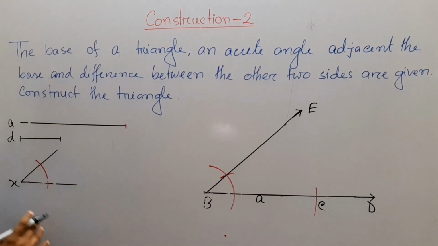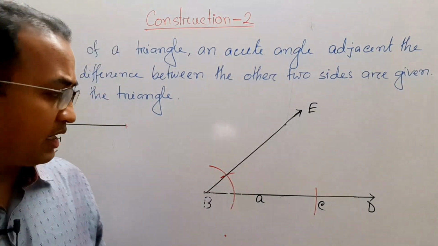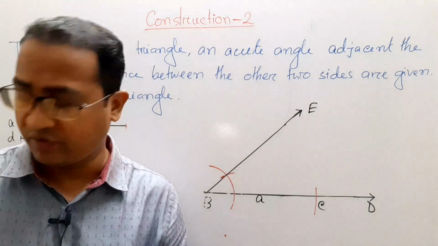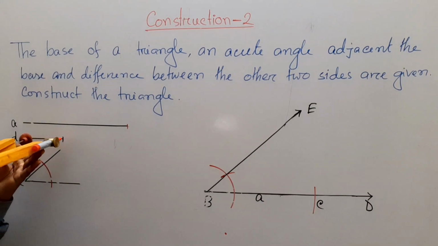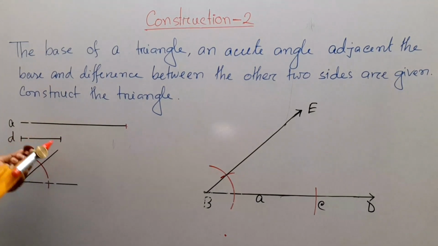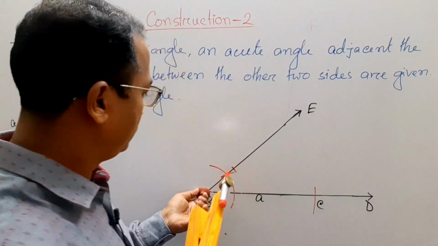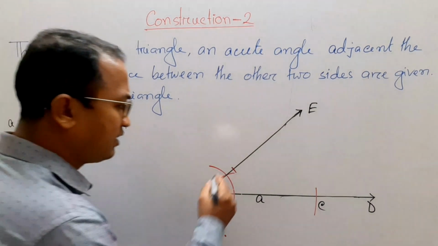Now from the ray BE, we will take BF equal to D. This is BF.